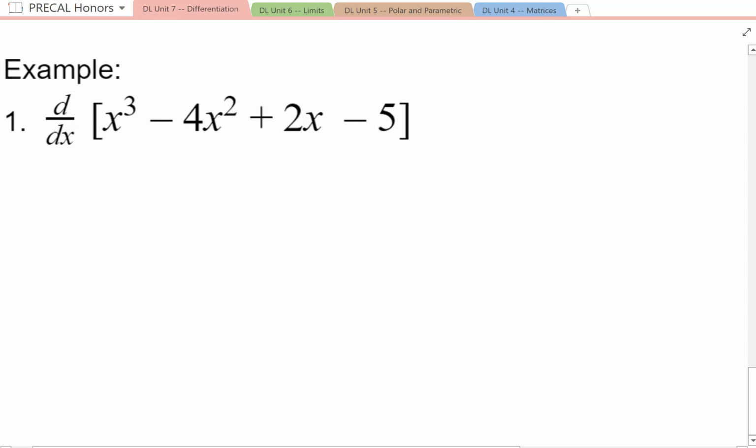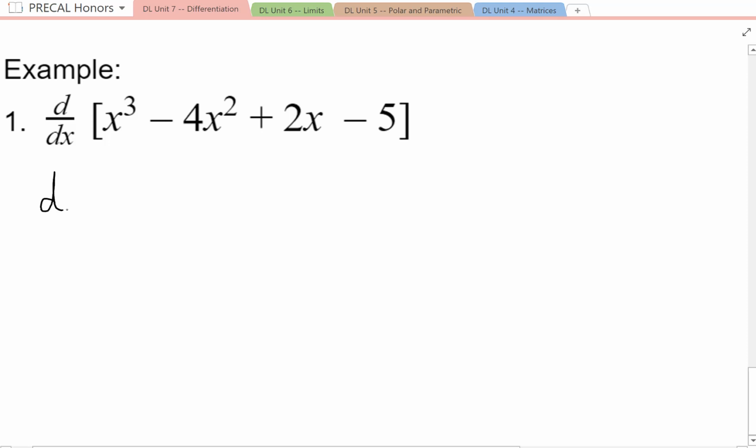If you're taking the derivative of a polynomial or a sum or a difference, you can technically take the derivative of each piece separately. Sum, difference of functions.